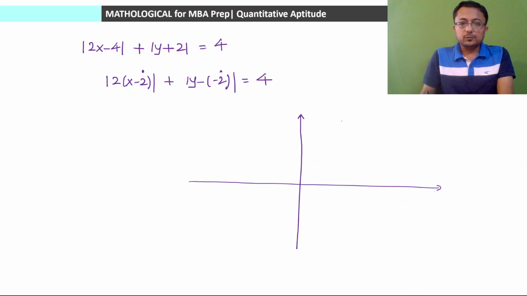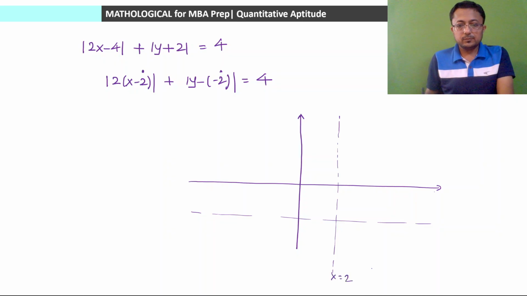So x equal to 2 and y is equal to minus 2. So one point can be when this is 0, this is 4. Second case could be when this is 4 and this is 0.